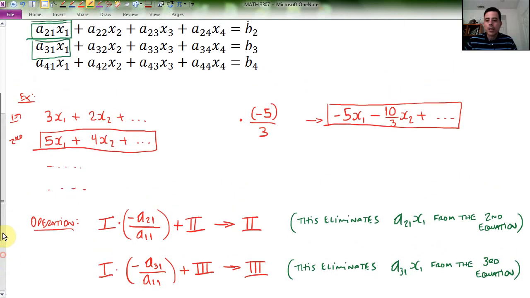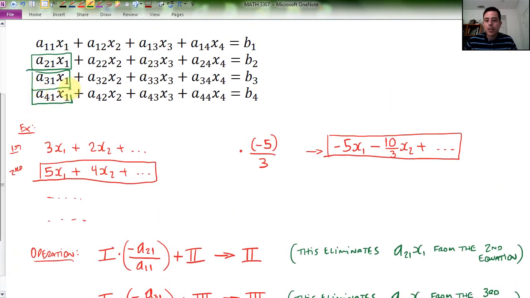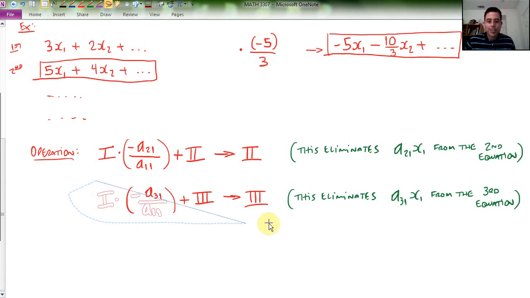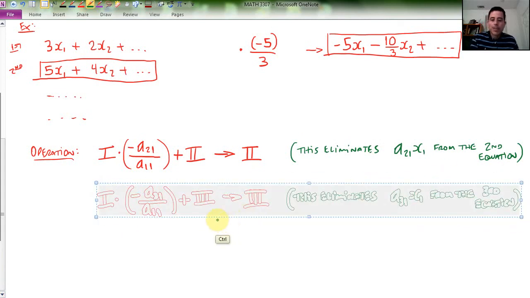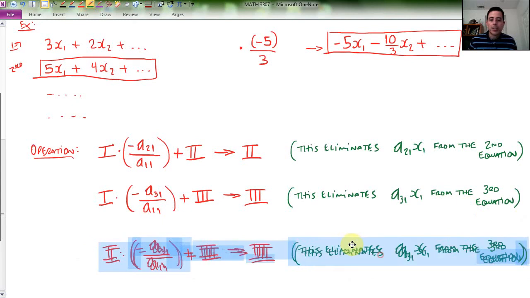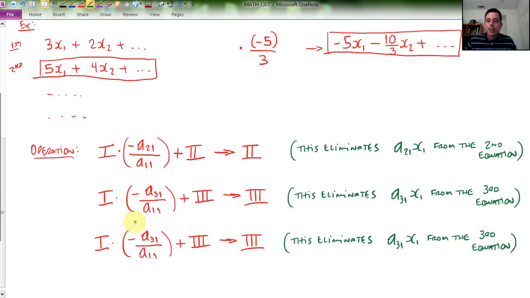And then finally, to eliminate this guy here, we'll do a very similar operation. Okay. Let me put that closer here. So here would be a41, opposite of a41, again times the reciprocal of a11, or divided by a11.